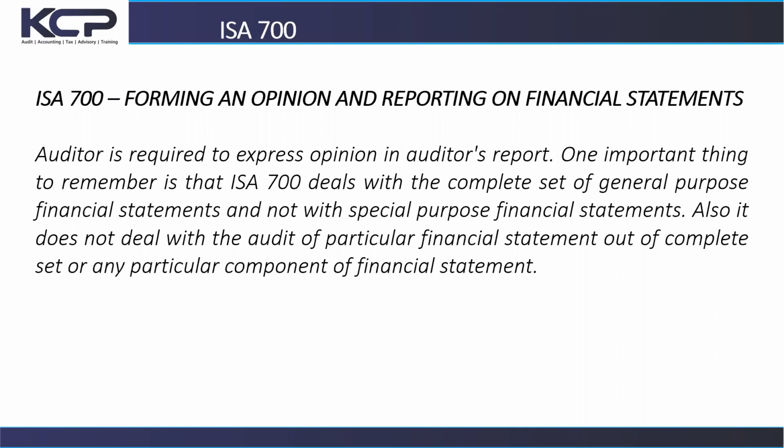So sometimes clients may prepare some financial statements for internal use, but the set of financial statements that auditors are expected to review is that which is prepared with the intent of meeting all the needs of all the would-be users.